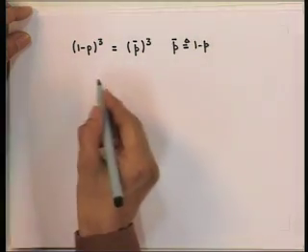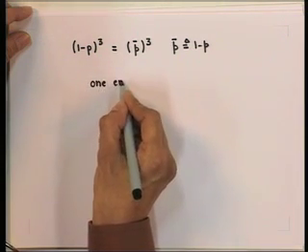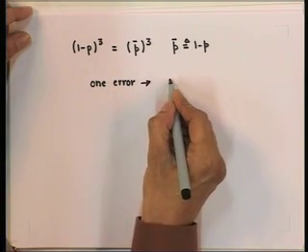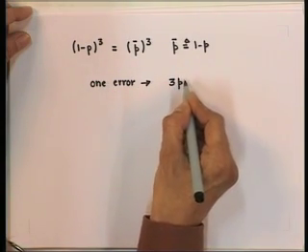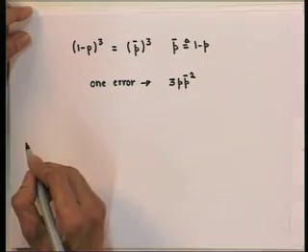Now, the probability of just one error is given by 3p p bar squared.